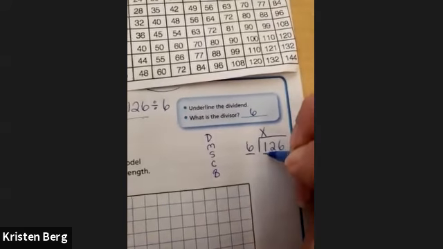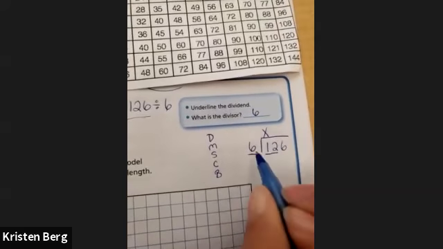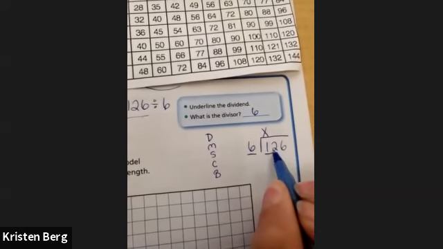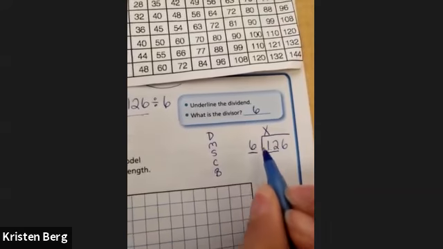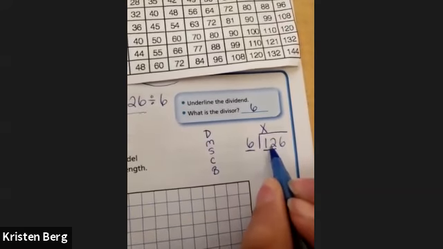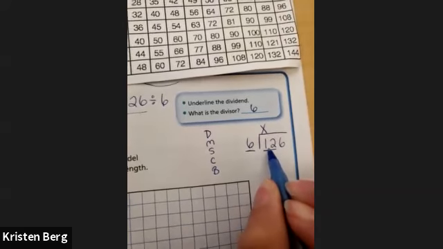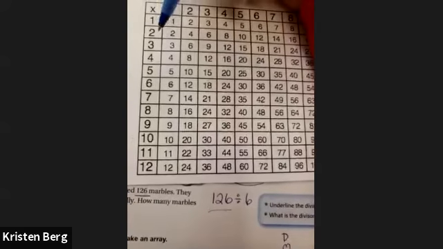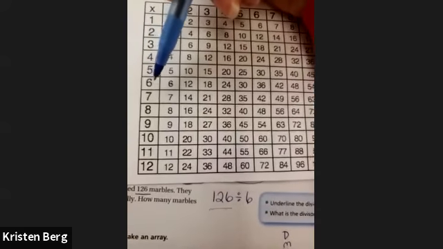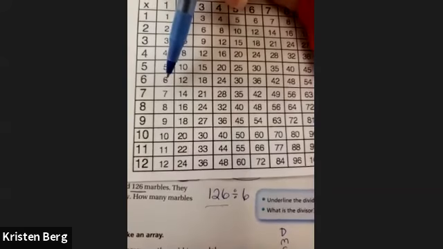Now what I do is go over and extend it out. Can 6 go into 12 evenly or get as close to 12 without going over? So how many 6s can go into 12 without going over 12? Going by 6s, get as close to 12 as possible without going over.